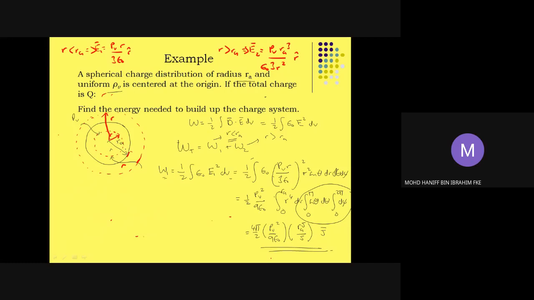We have proved just now, based on the equation of electric field, using Gauss law, that the electric field number 1 is for a region of R less than Ra, which means that this E1 is valid for all values of R as long as the value is less than Ra. So that is why, because W1 is the energy related to E1, we set a range for the R from 0 to Ra.